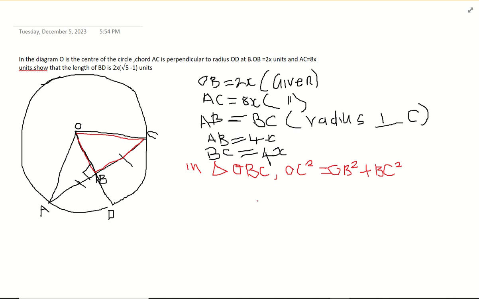You already know that the Pythagoras theorem is r squared is equal to x squared plus y squared. Then OC squared will be equal to, we already know that the value of OB is 2x, that is what we are given, 2x squared, plus the value of BC is what we found here, the value of BC is 4x, squared.